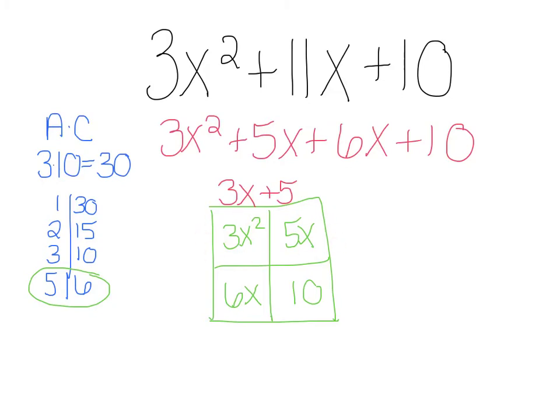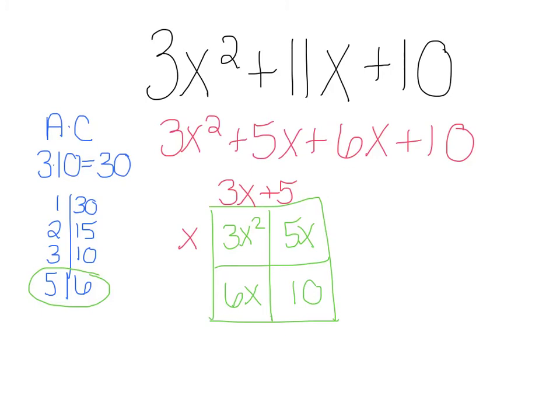In the first row, 3 and 5 are both prime numbers, so there's no GCF for that except for 1, and I have an x squared and an x, so I can take out an x. In the second row, I've got a 6x and a 10. So 6 does not go into 10.